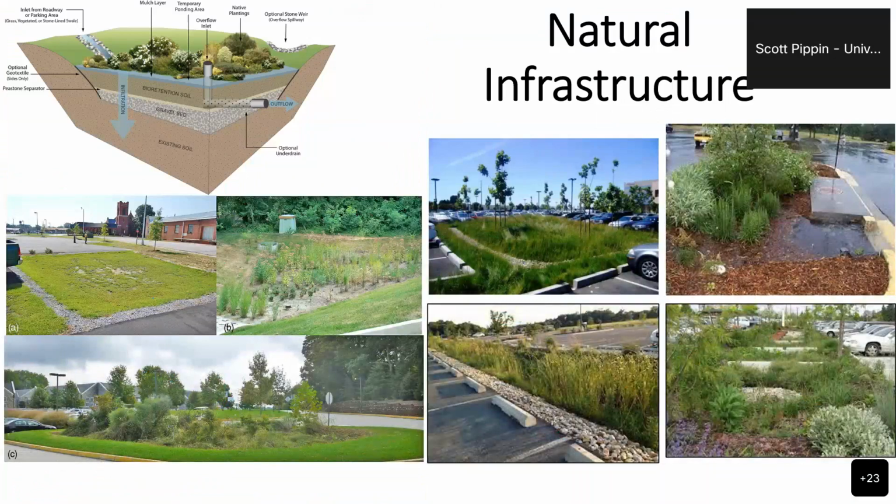So back to these slides again. We talked about these earlier. When we talk about natural infrastructure, we're talking about both the small scale, site level things. We can go on to the next slide.